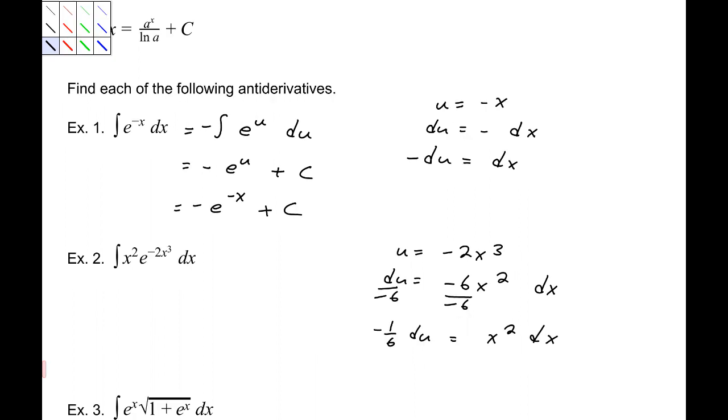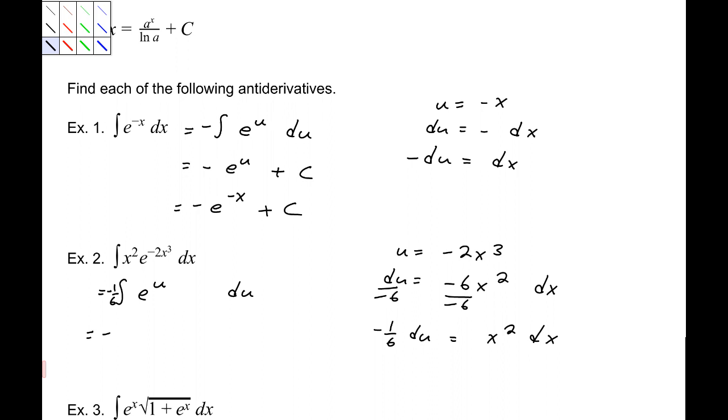What that means is when we rewrite this integral, we are going to have negative 1/6 du, so we'll have a du in here, and we are replacing e to the negative 2x cubed with e to the u.